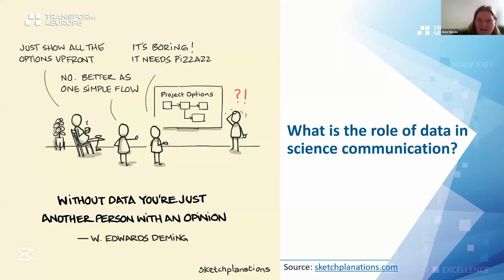We are not scientists. When we speak, it needs to be based on facts, on data. So we shouldn't overlook the importance of data in science communication, and we also shouldn't underestimate our audience.